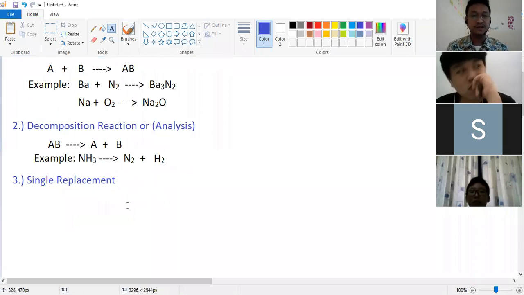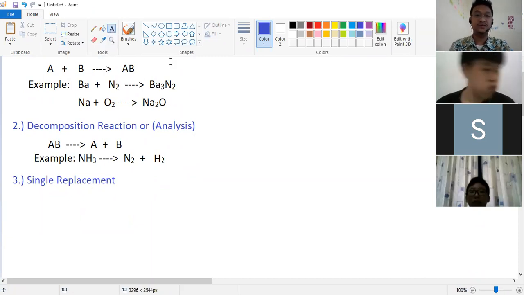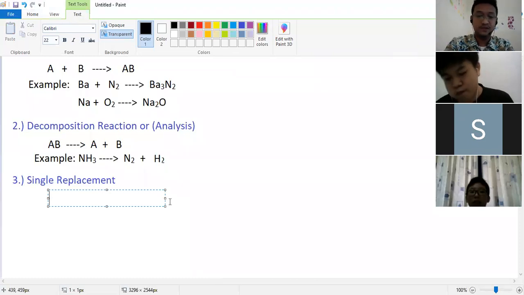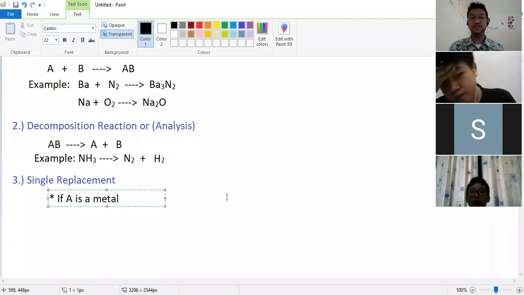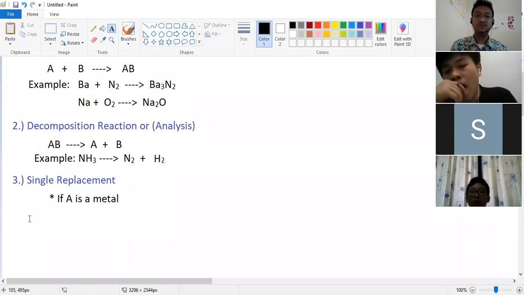All right, there are two patterns that we are to consider when dealing with single replacement. The first depends on the condition. So the first pattern is, if A is a metal. That's the first condition, that A must be a metal. Now if A is a metal, this will be the pattern.